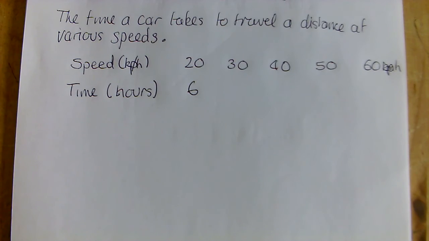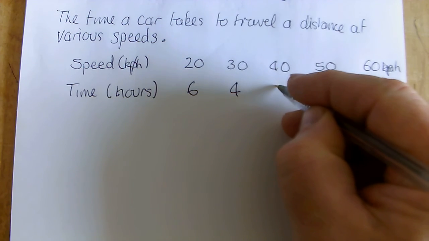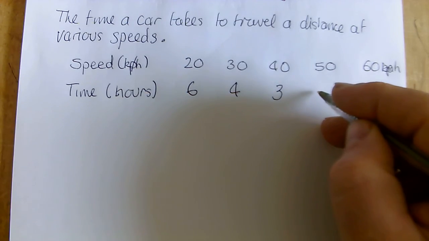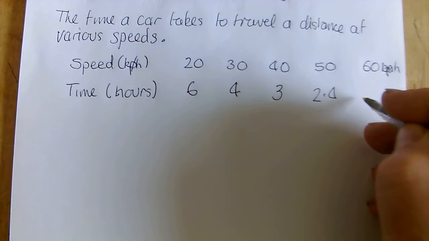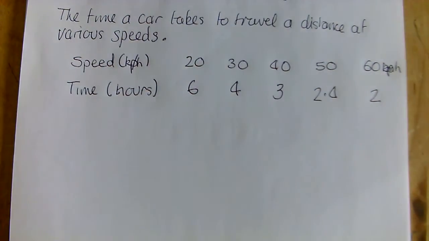At 20 kilometers an hour, it takes 6 hours. 30 kilometers an hour, 4 hours. At 40 kilometers an hour, it takes 3 hours, 50, 2.4 hours, and then 60, 2 hours.